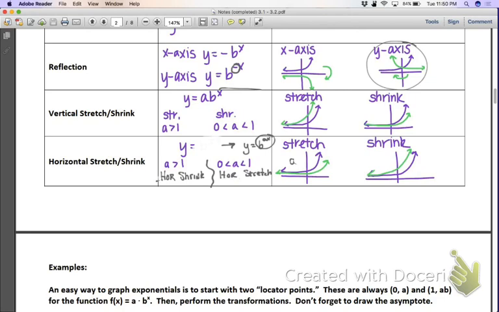It's going to be a stretch when a is between 0 and 1. It's going to be a shrink when a is greater than 1. So here it was a greater than 1. Here, a is between 0 and 1. These are opposites of one another, just like we've talked about before. Whenever we deal with the x, it's always going to be opposite.